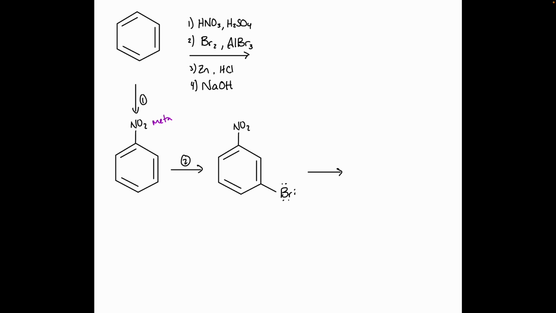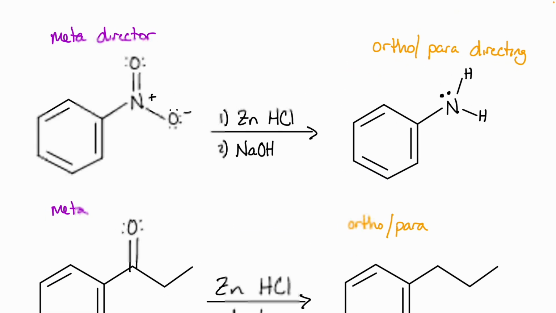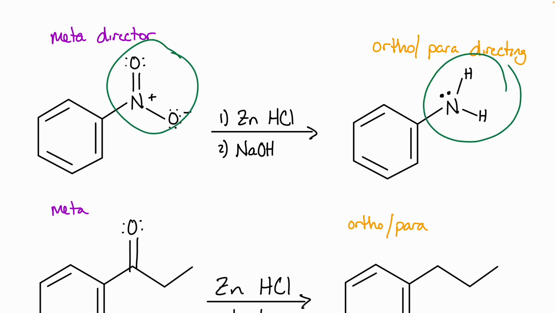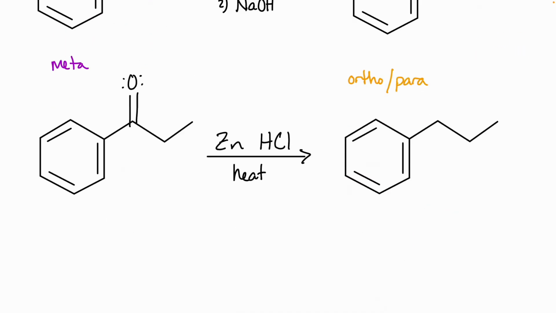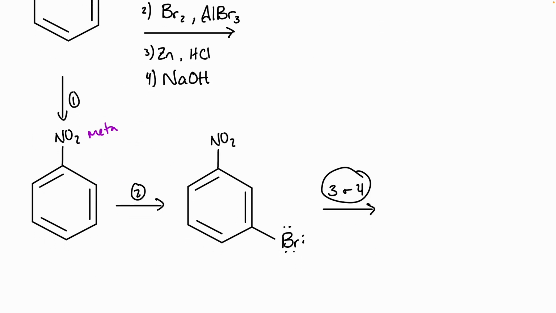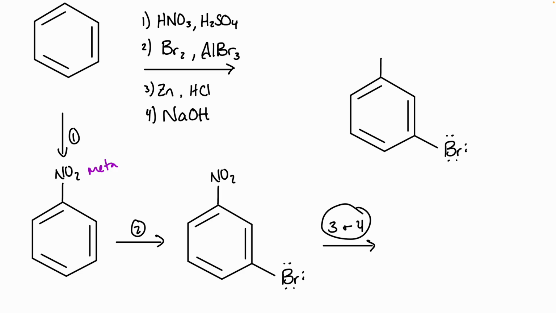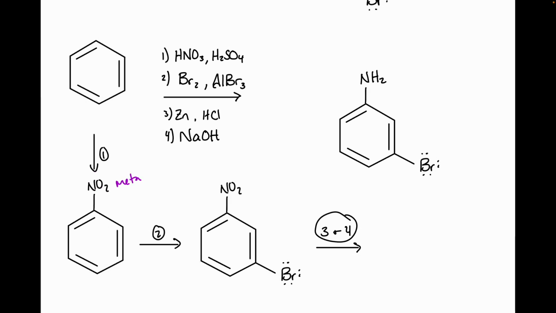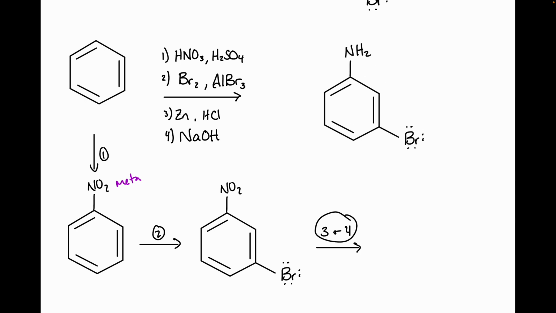All right, and now the next steps, we've got to do 3 and 4 together. As we discussed, this zinc HCl and NaOH combo will convert our NO2 group into an NH2 group. All right, so my final product here will be NH2 instead of NO2 and our bromine.